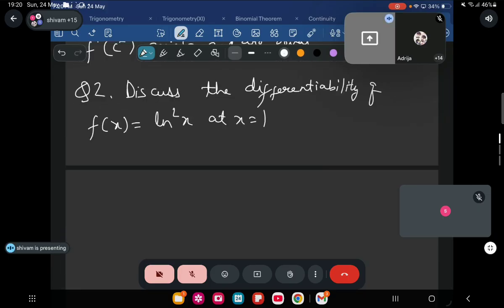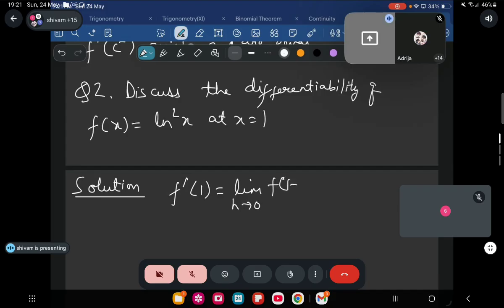Okay, let us use the first principle. So when can we say the function is differentiable? Left hand derivative and right hand derivative should exist and be equal. So what is f dash at 1? f dash at 1 will be equal to limit h tends to 0, f of 1 plus h minus f of 1 divided by h.